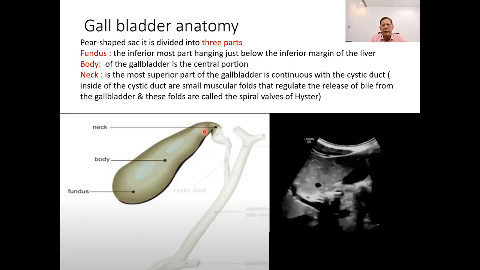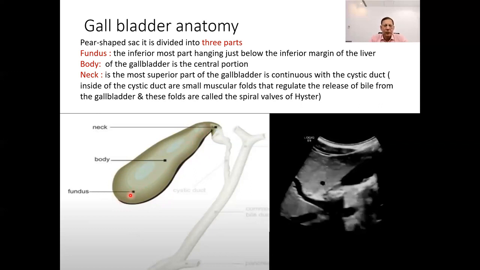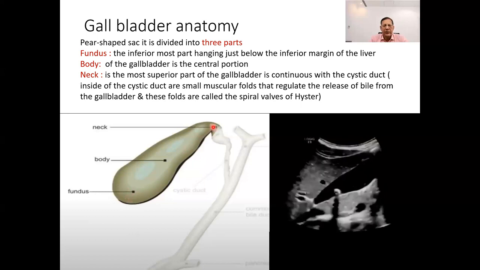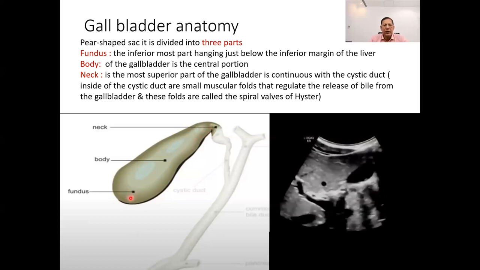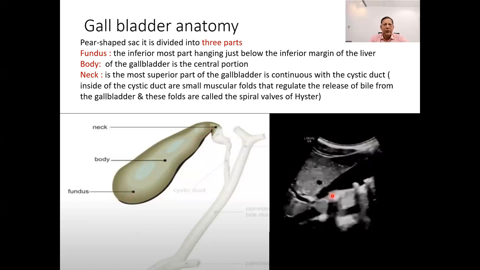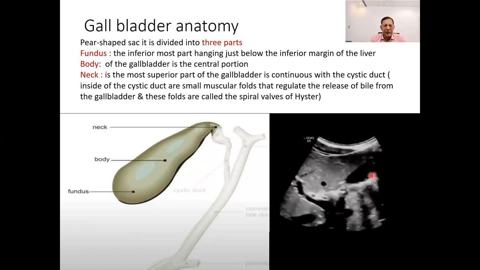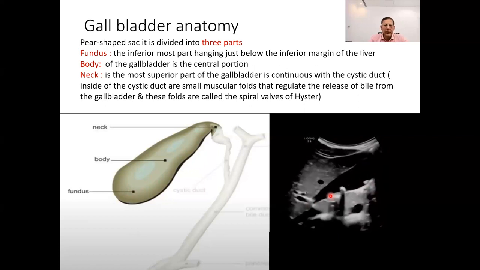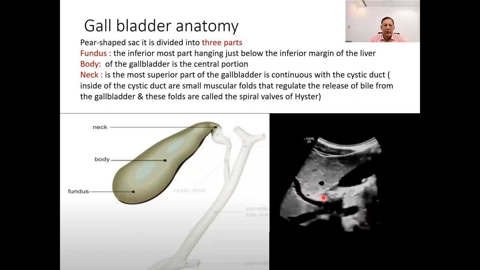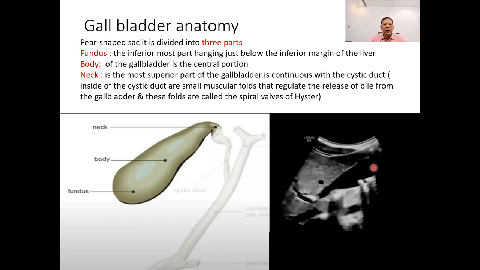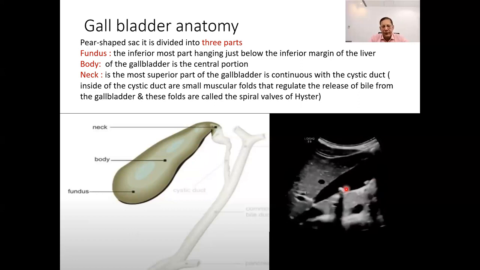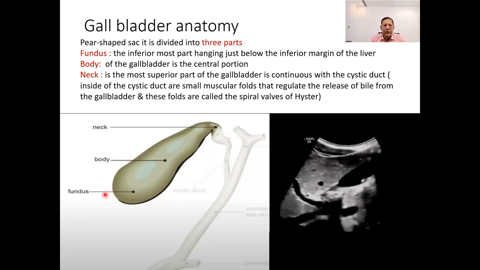If they are not impacted, then under the action of gravity, the stone will move from the neck to the fundus, as shown here in a sonogram. This stone is moving under the action of gravity from the neck, which is the narrowest portion, to the fundus. This is also called the rolling stone sign.